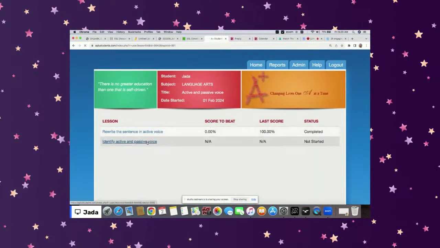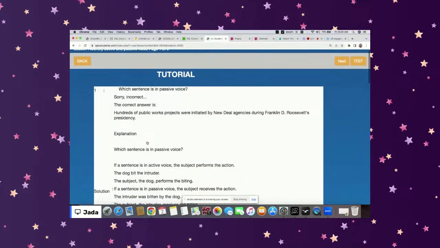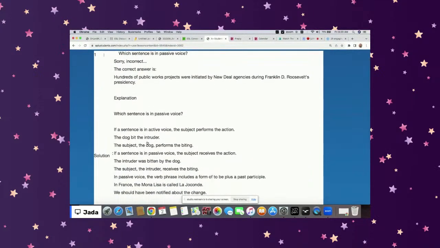Identify active and passive voices. So that's what we will be doing in this one. Like I said, in active voice, the subject performs the action, and in passive voice, the subject receives the action.